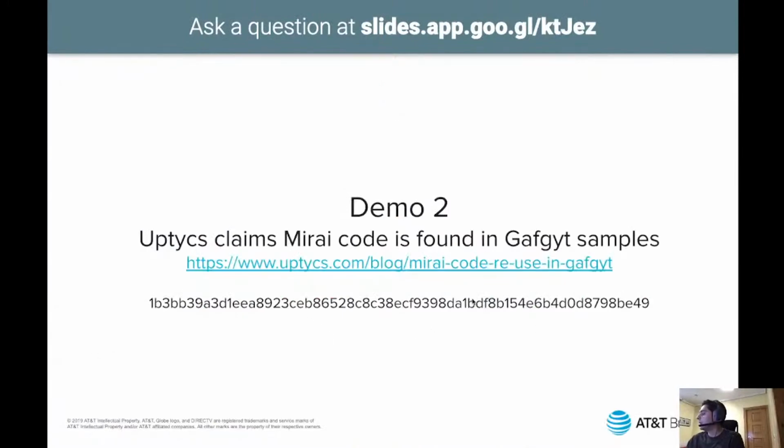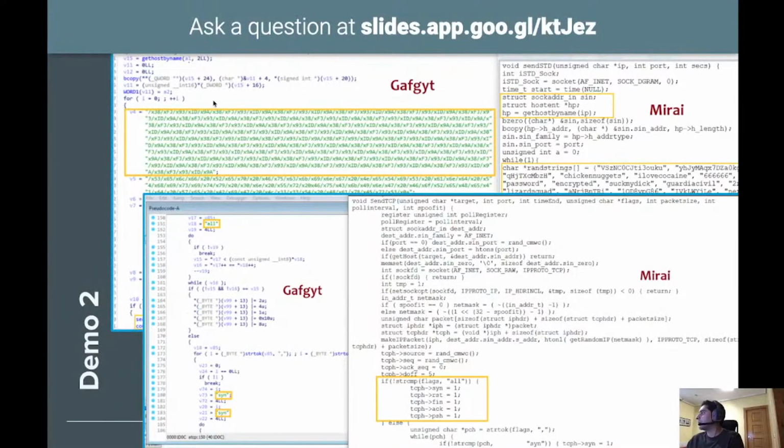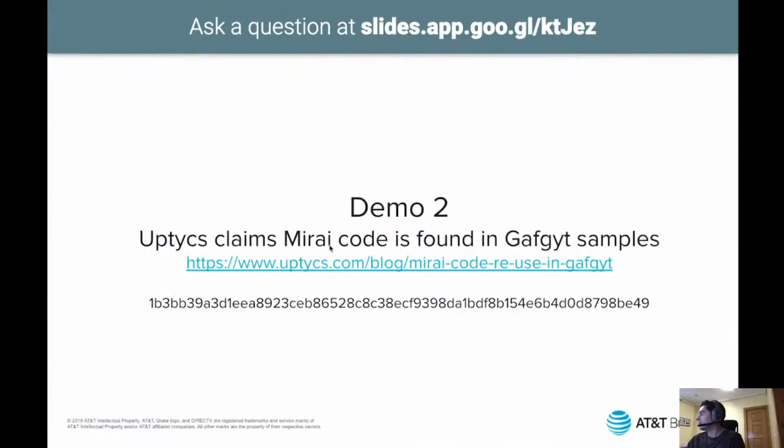If you recognize the window, it's the Hex-Rays decompiler. And yeah, they say this source code highlighted in yellow has been found in Graphkit samples here and here.